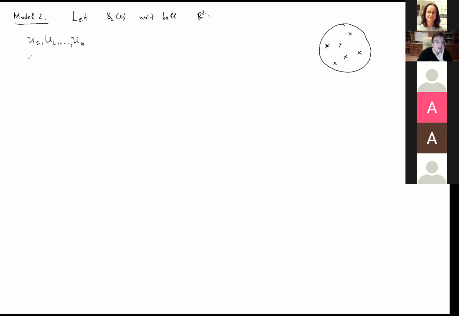Okay, now let me define the so-called ball hull of the sample as an intersection. This is the intersection of all translates of our unit ball which contain the sample.